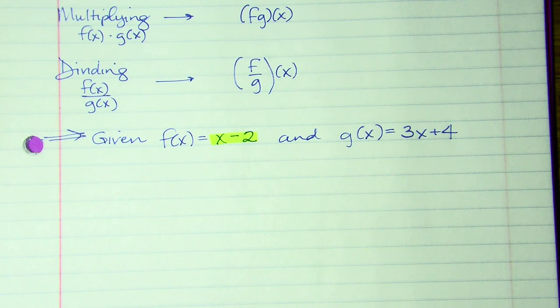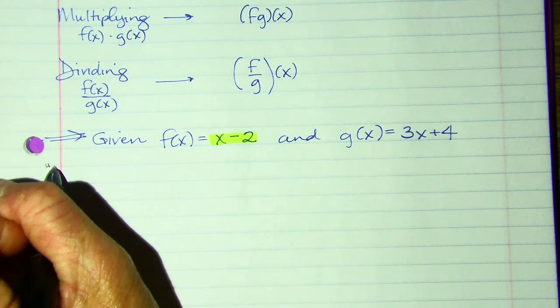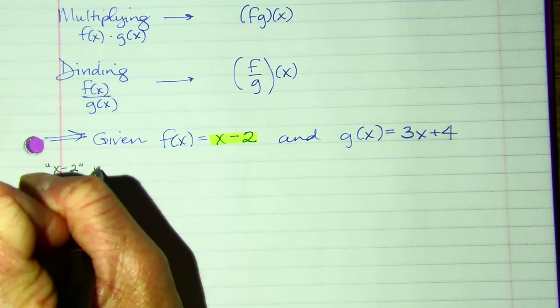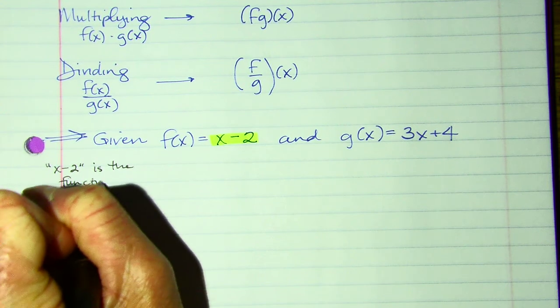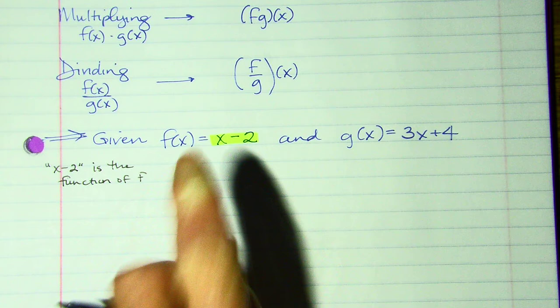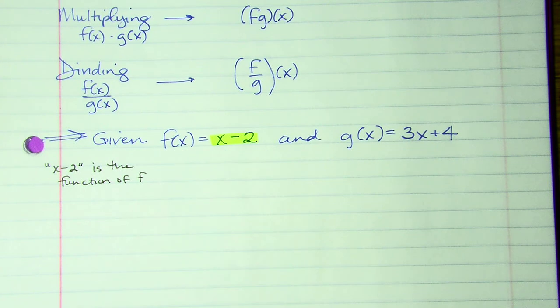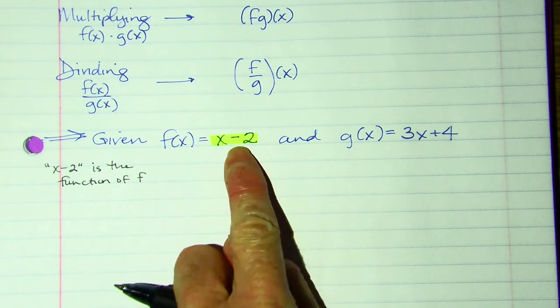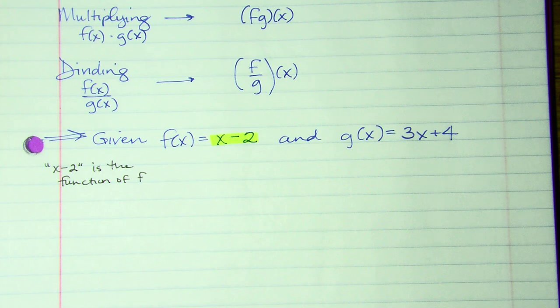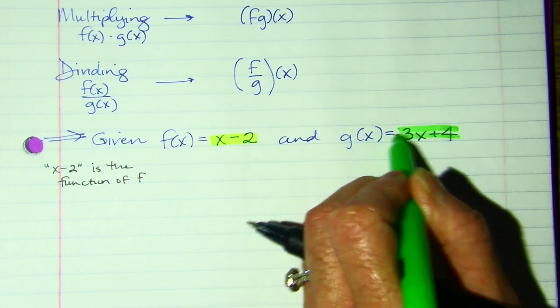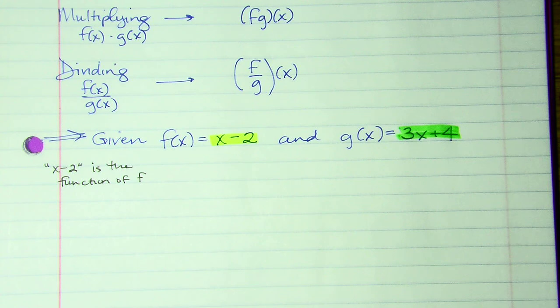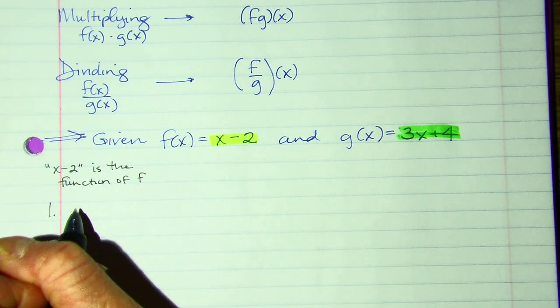So x minus 2 is the function of f. So when I say the function of f, I'm referring to x minus 2. When I say the function of g of x, I'm referring to 3x plus 4. Okay?